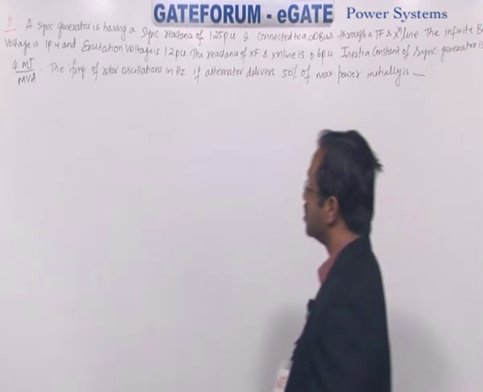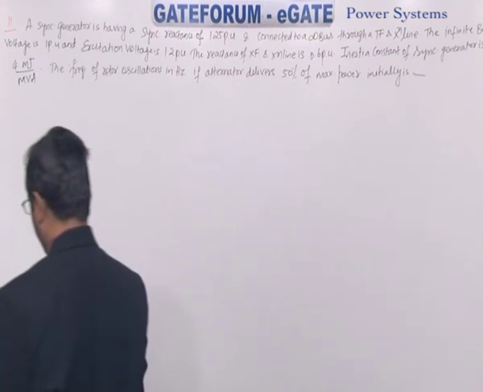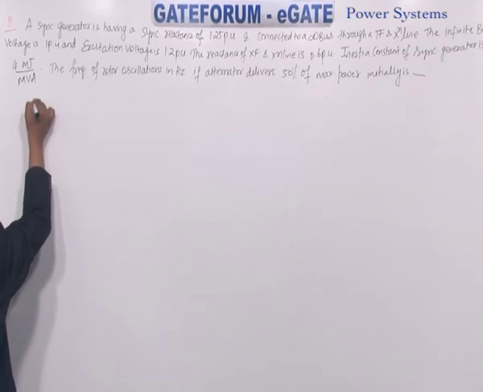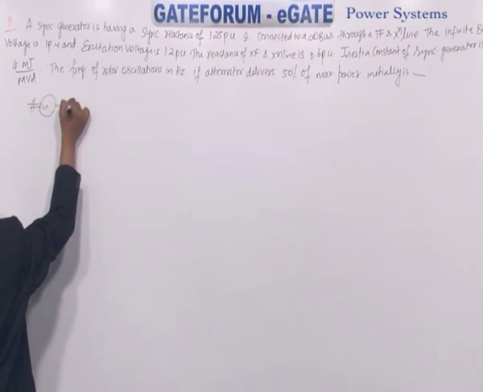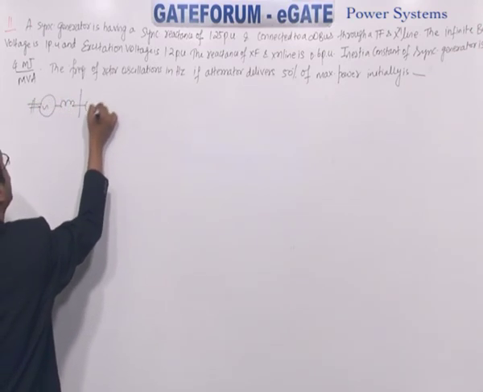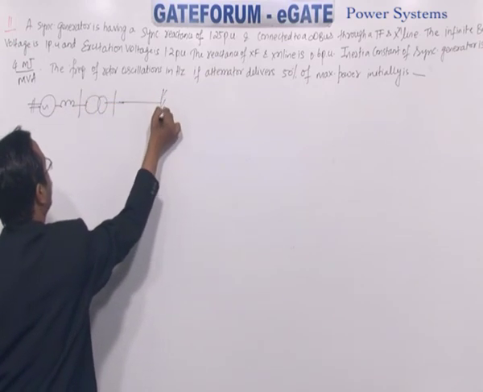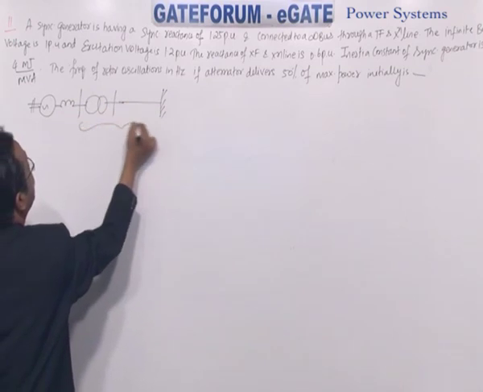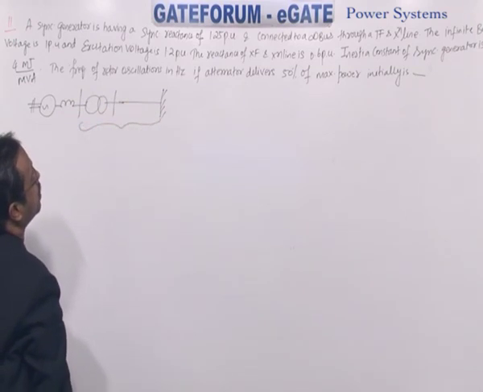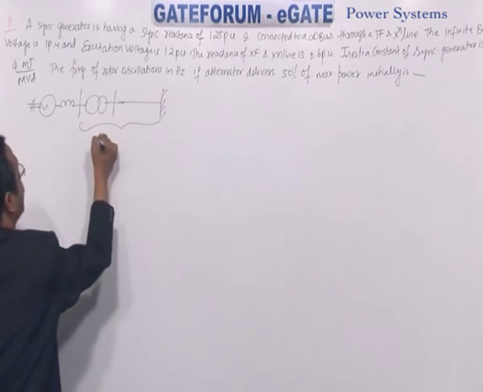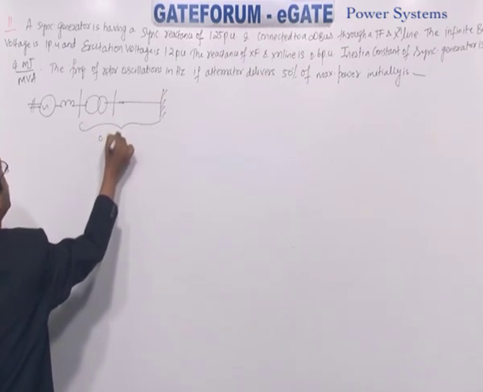So you verify the question here. First we are having an alternator, its reactance, then step-up transformer and a line connected to infinite bus bar. This total reactance given of transformer and transmission line, how much? 0.6.